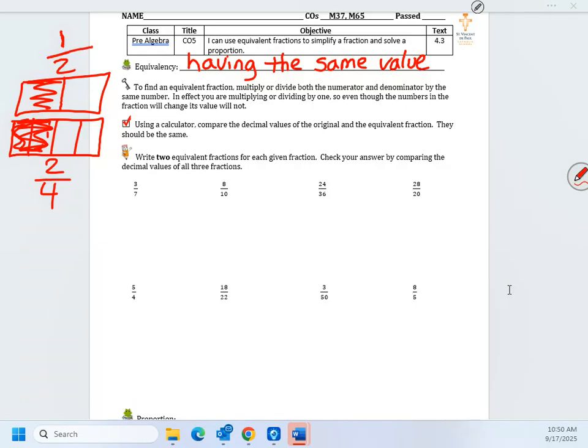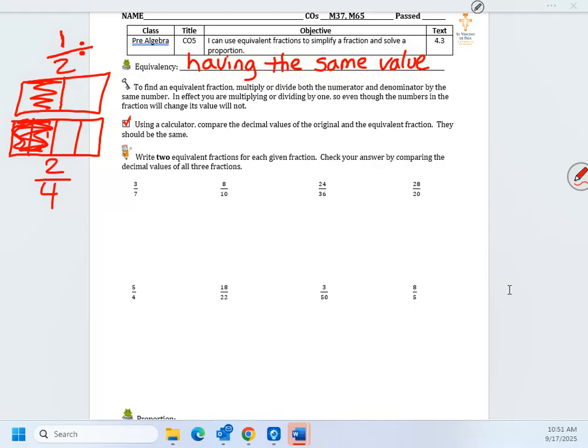The fraction bar is actually an operation. It's that division. So putting it into your calculator, you would do 1 divided by 2. And that's how you're going to get your decimal. So right now you can put that in. What decimal do you get if you put in 1 divided by 2? What do you get? Camp?